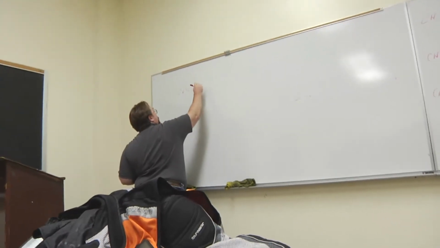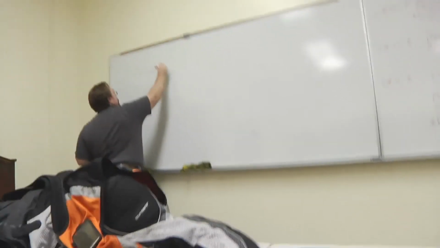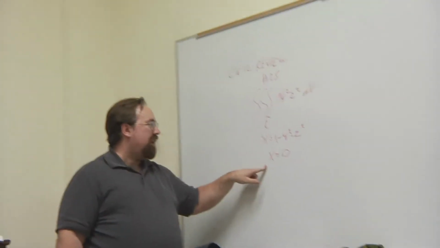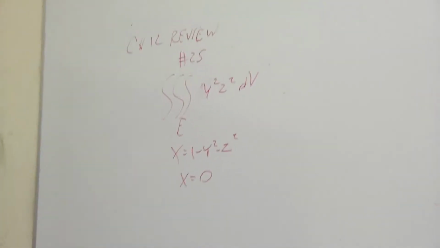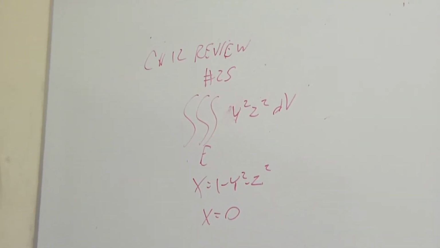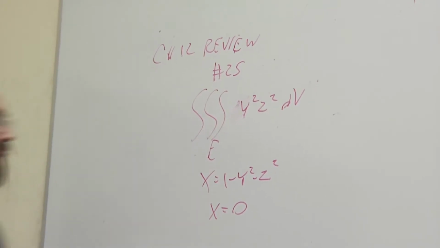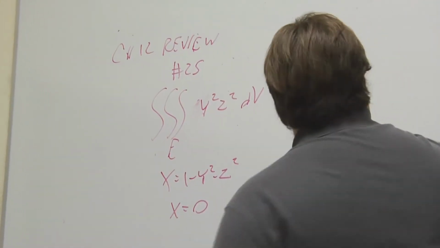There's a section of review exercises at the end of a chapter. This is number 25. We're integrating, and the solid is described by this paraboloid and this plane. Okay, so what that's looking like.